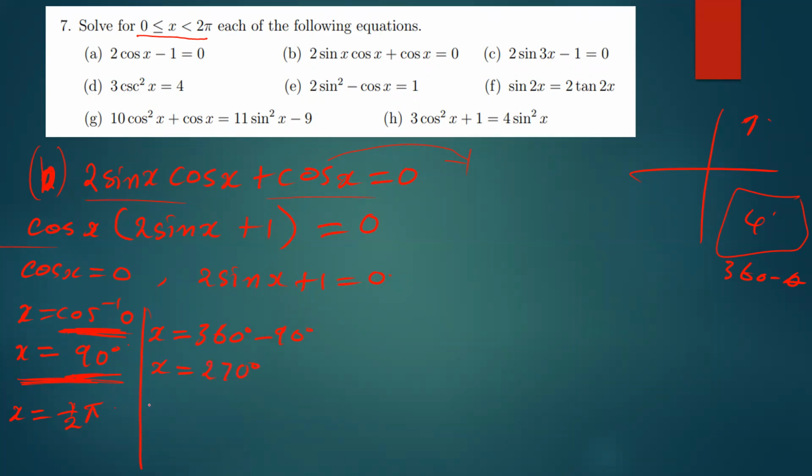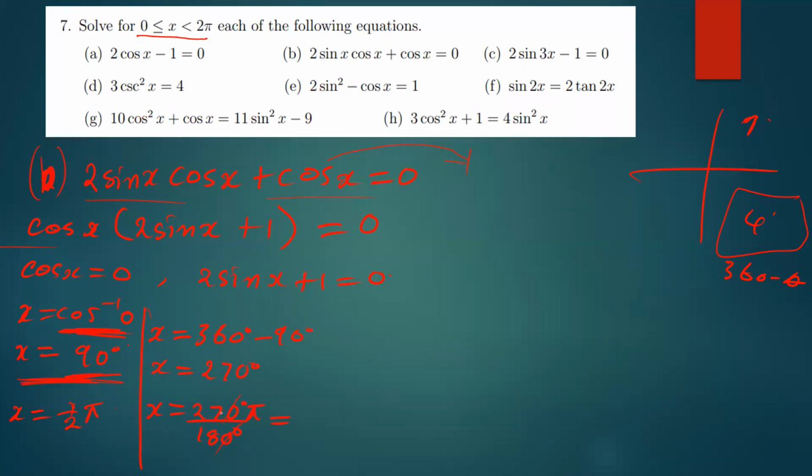Then 270 degrees converted to radians, this will be 270 degrees times pi over 180 degrees. This is the shortest form of converting. So when you cancel the 0 there and that 0, I'm going to have 27 over 18.